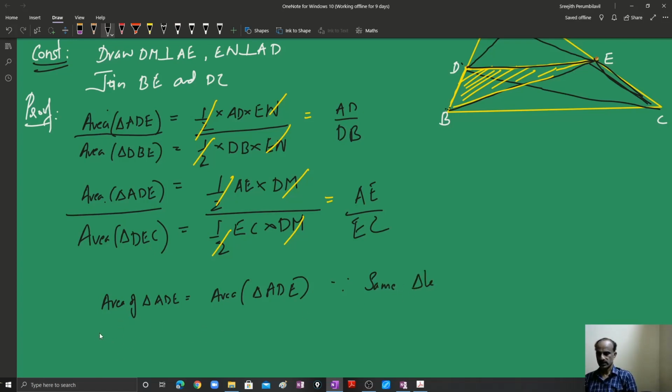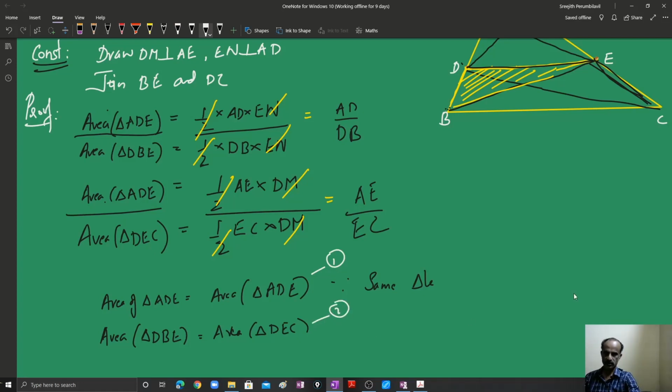Now similarly, I am going to tell one more thing, which is a strange thing. Area of triangle DBE is equal to area of triangle DEC. I call this relation number 1, this relation number 2.